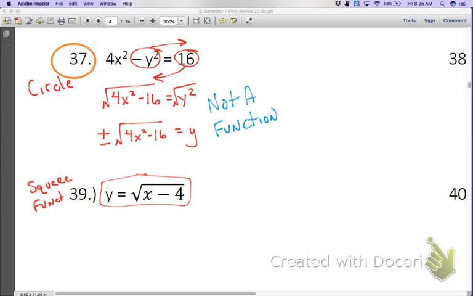But since 39 started as a square root and we weren't solving, it just says y is equal to the square root of x minus 4. Basically what that means is, it is a square root function, so it's going to look something like this.